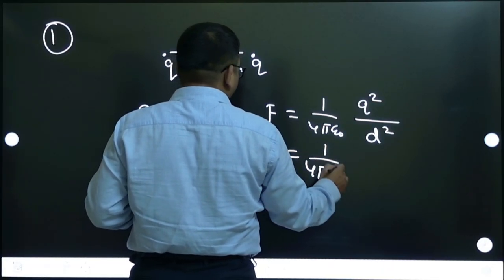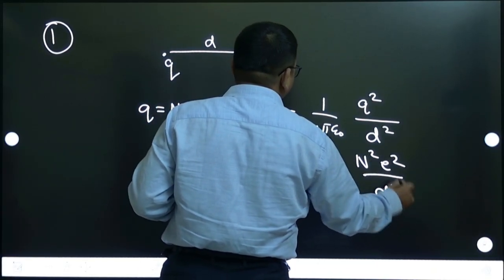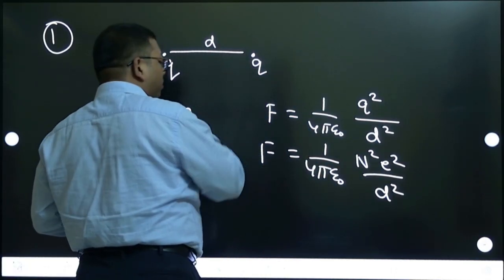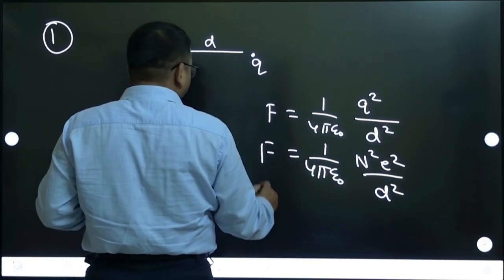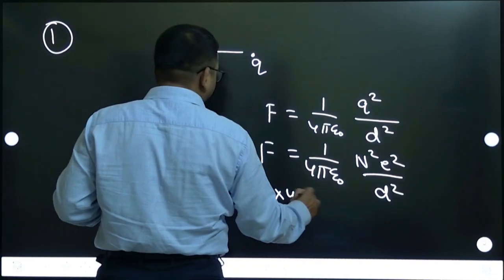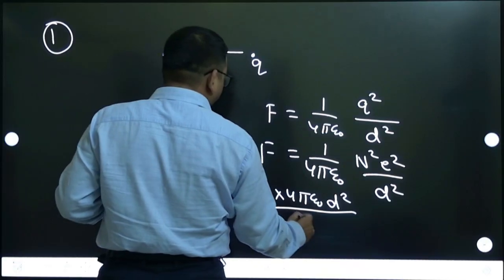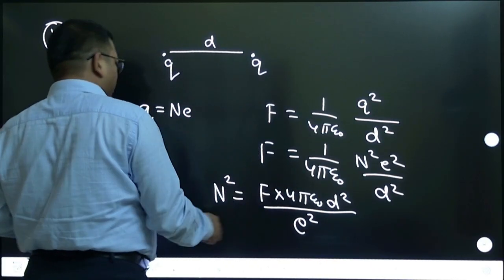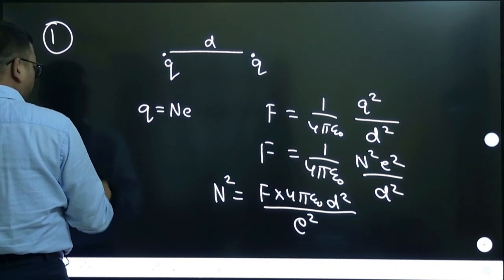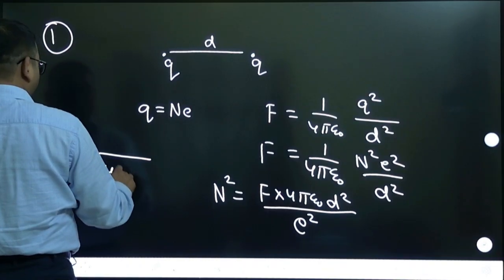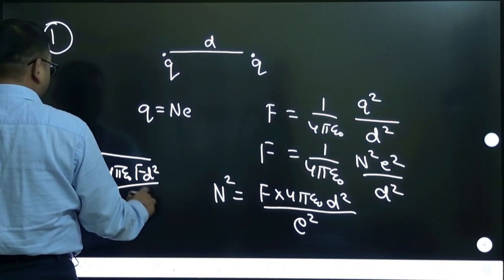So it will become n square e square by d square, and from here you need to just calculate n. So n square will come as F into 4 pi epsilon naught d square divided by e square, and you take the under root. So n is equal to root under 4 pi epsilon naught F d square by e square.